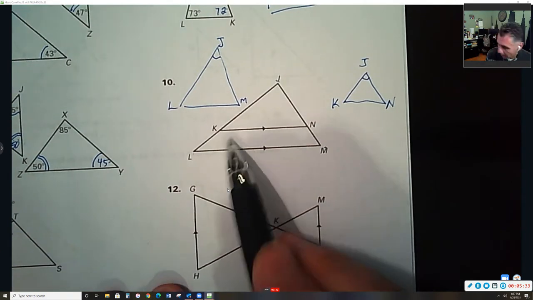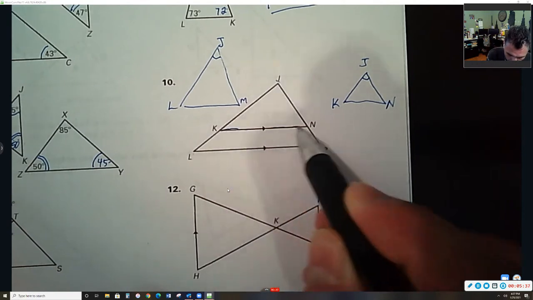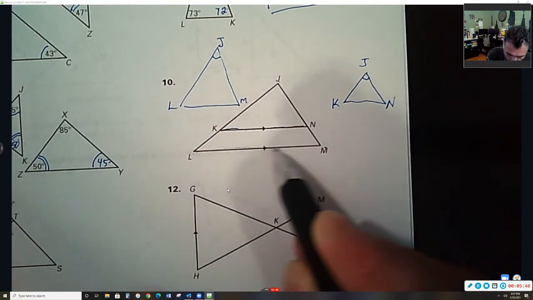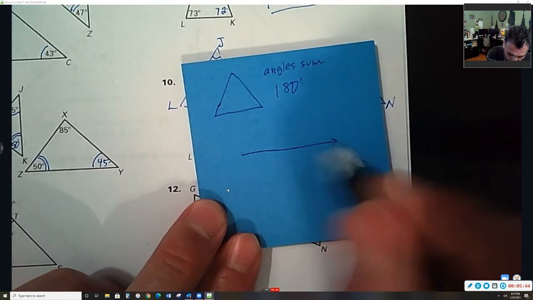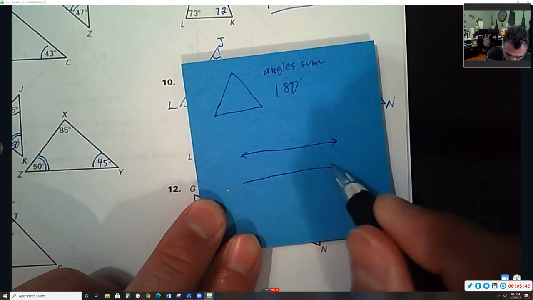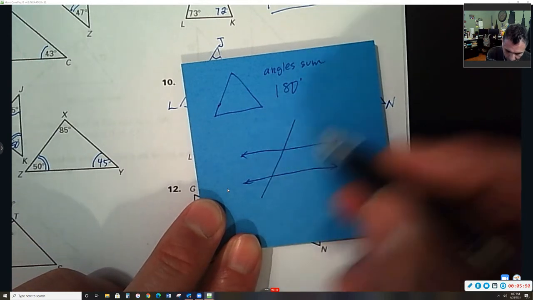And then whenever you have parallel lines like this, that little arrow tells me those lines are parallel. So whenever you have parallel lines like this, and then what we have is another line.